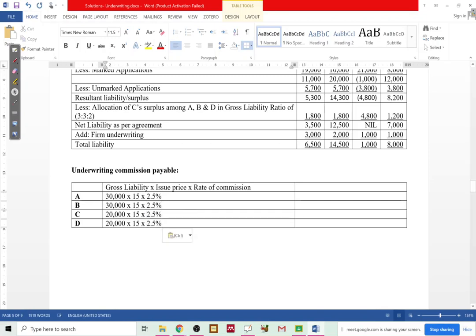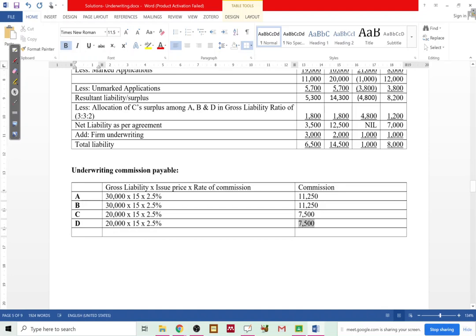So here we get the calculation of the commission. For the first one, it is 11,250. You may calculate and cross check. Second, 11,250, because they both have the same gross liability. Third 7,500, and fourth also 7,500, as they also have the same gross liability.